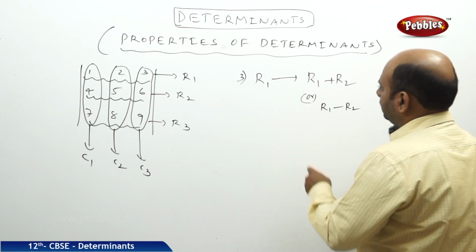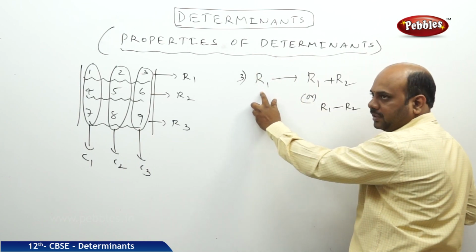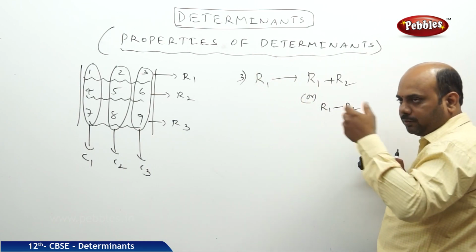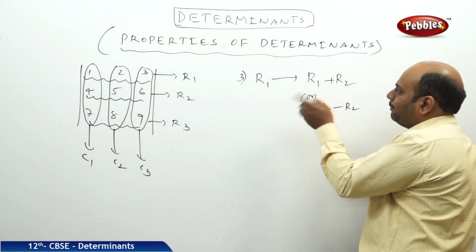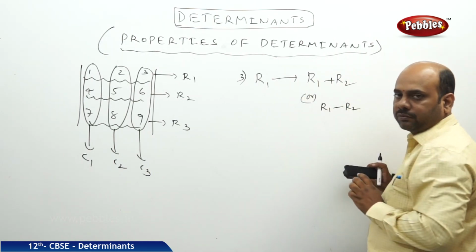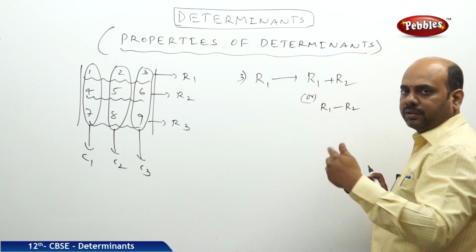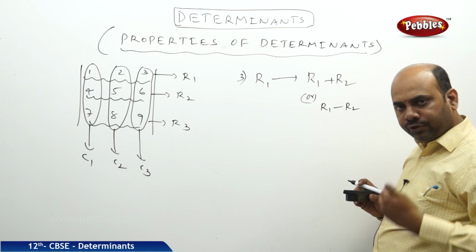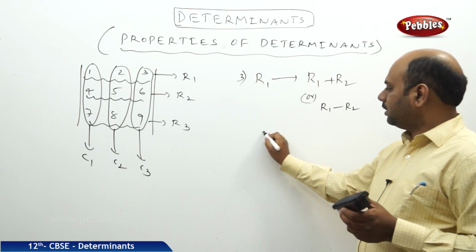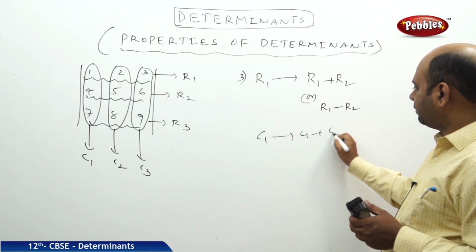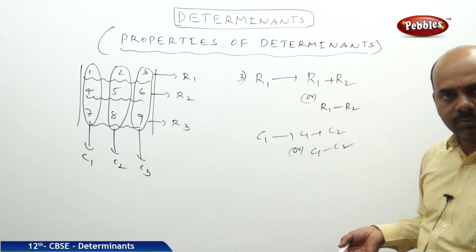That means while performing row operations in determinants, I may add R1 plus R2 to get a new R1. For finding R1, sometimes I will be adding R1 plus R2 of the previous determinant to get a new determinant. Similarly, subtraction can also be done. And sometimes C1 implies C1 plus C2 or C1 minus C2 for columns also.